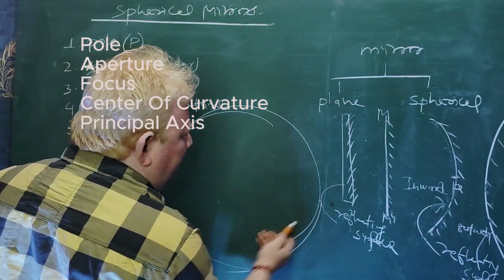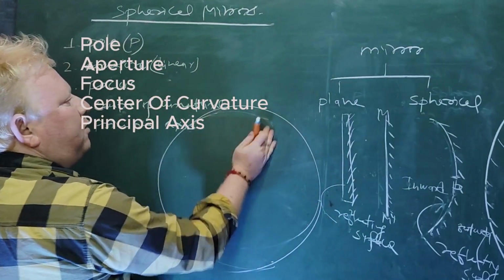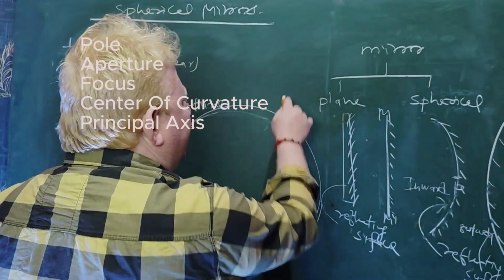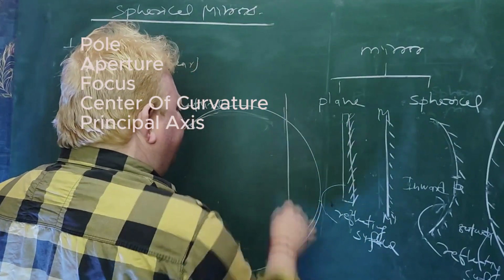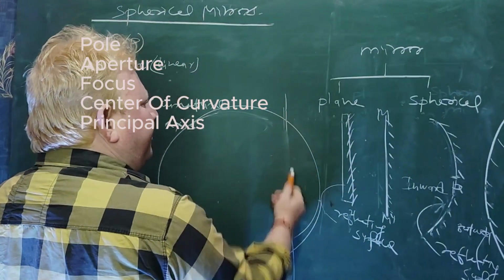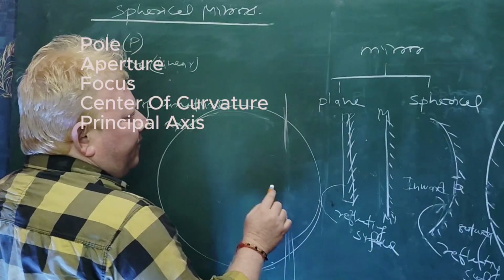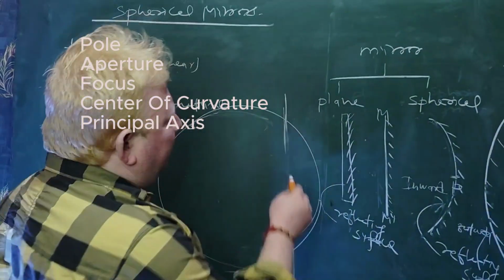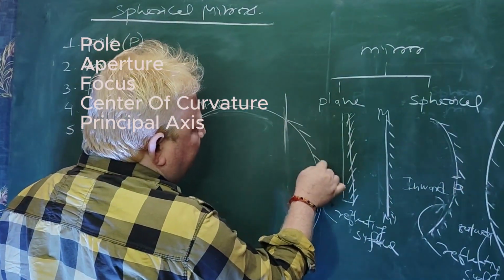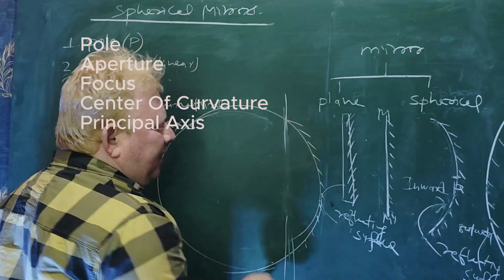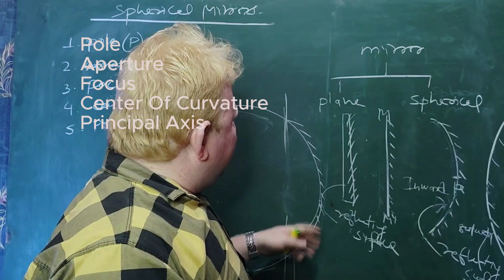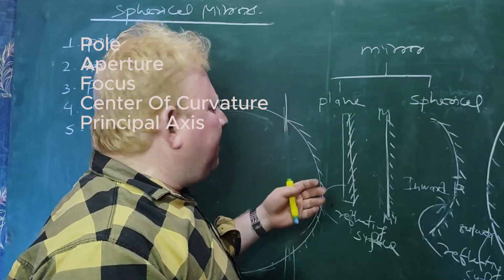Suppose you have a hollow sphere made of glass, you cut it like this, and you polish one side. This is the mirror.